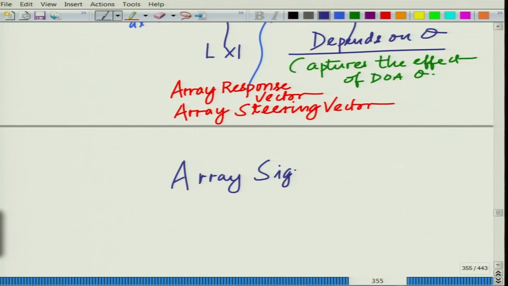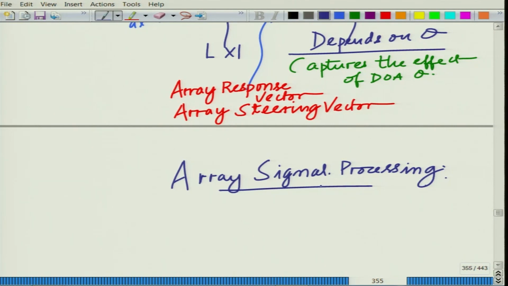The broad area of array signal processing, to which MUSIC belongs, is signal processing using arrays, which was in fact a revolutionary step forward, moving from signal processing using a single antenna.